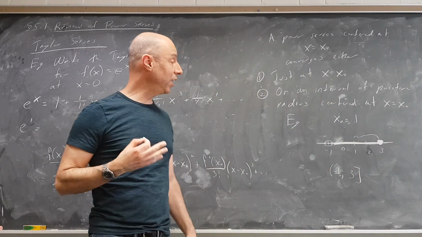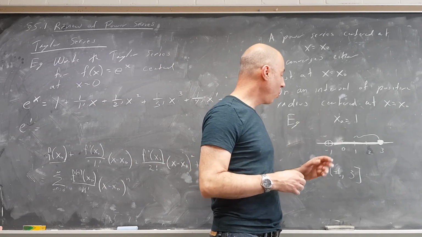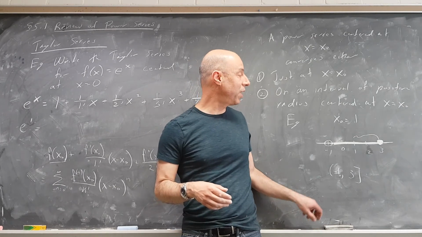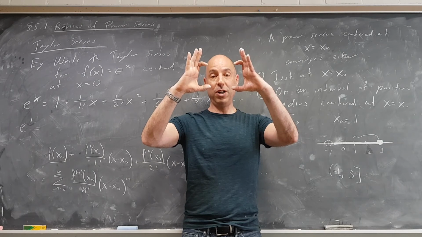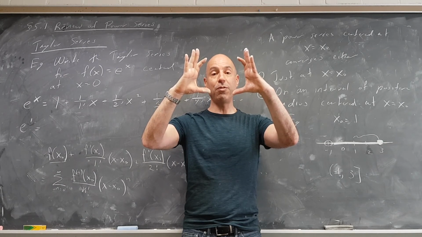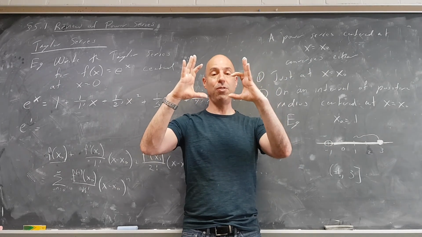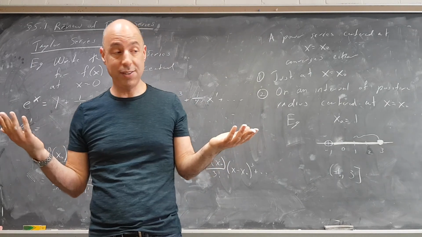In your Calculus 2 course, you would have discussed examples where we converge on a finite interval with positive radius, and sometimes it's a closed interval, you include both endpoints. Sometimes open interval, you don't include either endpoint. Sometimes like this, it's a half open interval, you include one endpoint but not the other. All of these are possibilities.